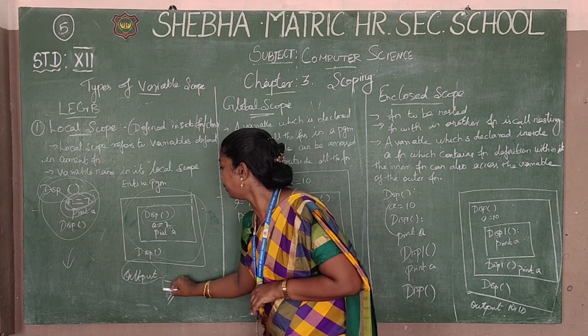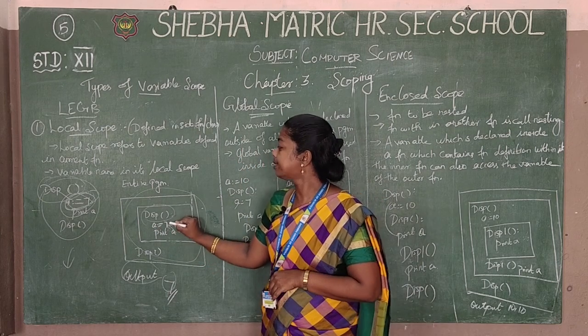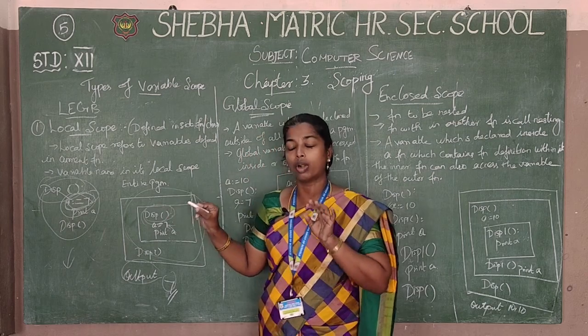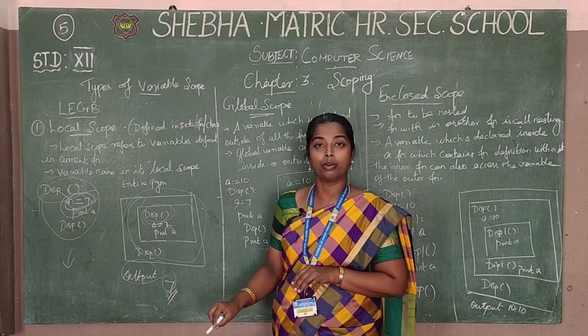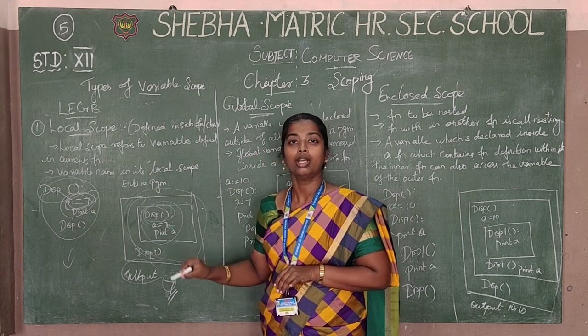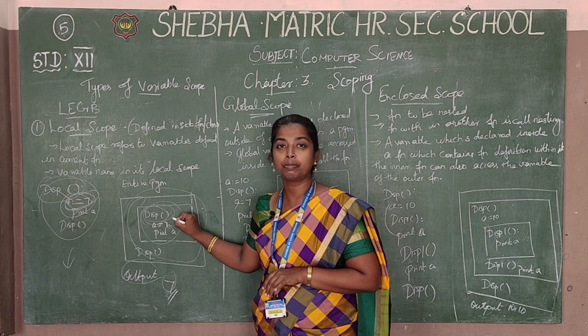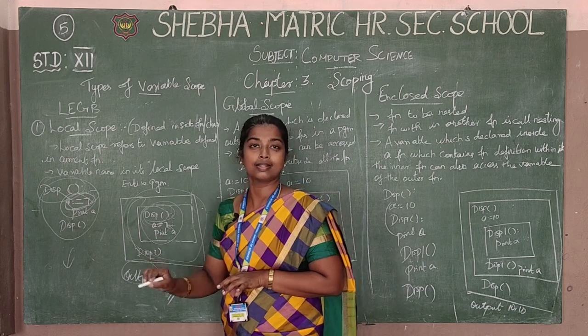That is the output for A. A is equal to 7 is one of the variables used for the display function only, not used for the other function or other program part, only for a local function. It can be used in the display function. Okay, it is called local scope.